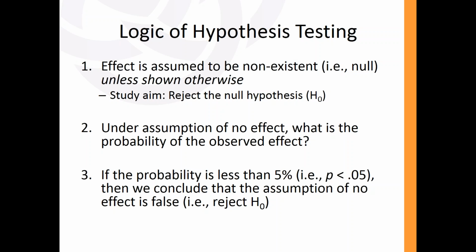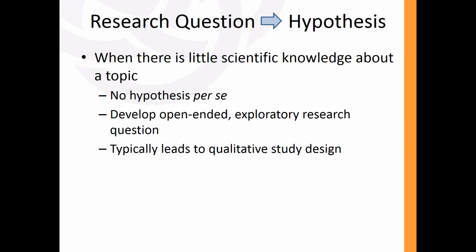Okay, so now that we know a little bit about hypothesis testing and research questions, let's look at how you go from one to the other. Remember, we have those three main scenarios. The first one is when there's little scientific knowledge about a topic. This is where you don't have a hypothesis per se.